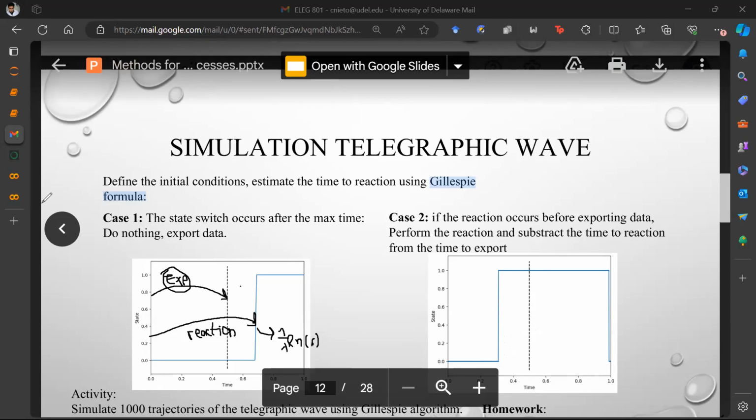Here, the time to next exporting in red, and the next time to reaction. Any question? Reaction, export.